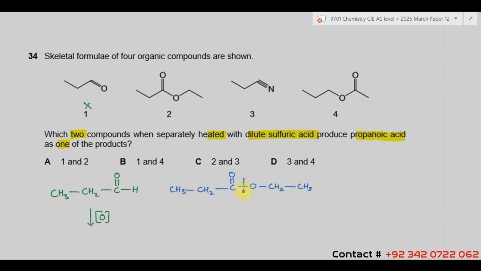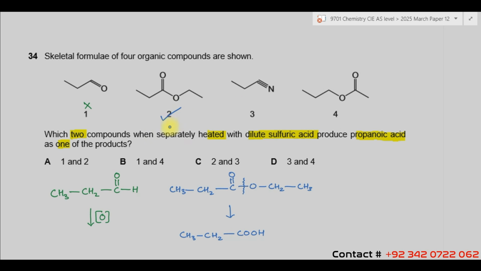It will break from here. This part is going to be converted into carboxylic acid, and this part will be converted into alcohol. So the product formed is CH3CH2COOH. This is one part of the product, and it is 3-carbon carboxylic acid, which is propanoic acid.